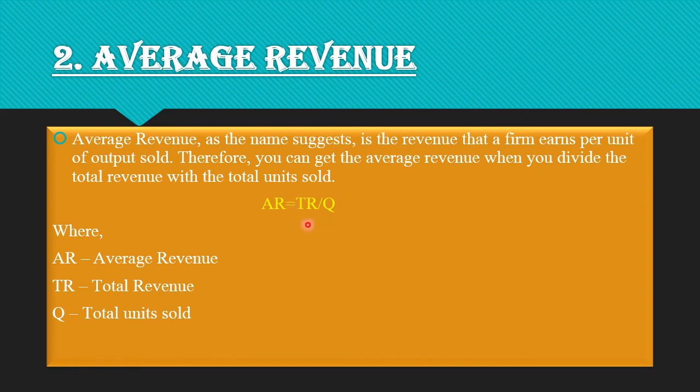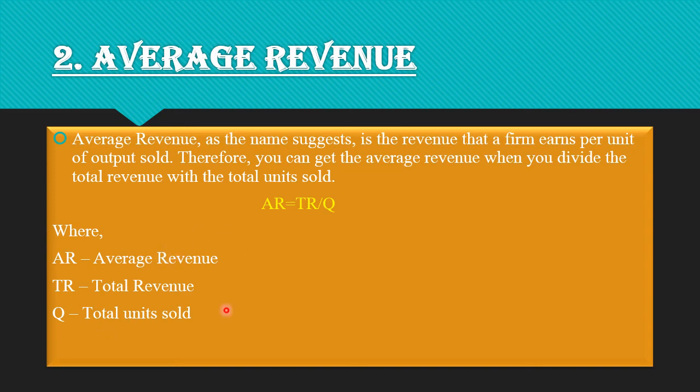It is very much similar to average cost. Average cost is calculated by dividing total cost by the quantity produced. In the same way, average revenue is calculated by total revenue, how much the seller earned by selling the goods in the market, divided by how many units he sold. So it is nothing but the price of the good.